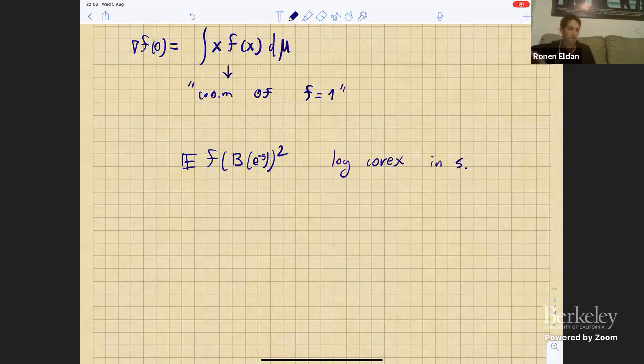This fact is super easy if you write it in Fourier, but I don't know how to extract it when we're not doing the jump process. Other than this, everything goes through, even in a much nicer manner.